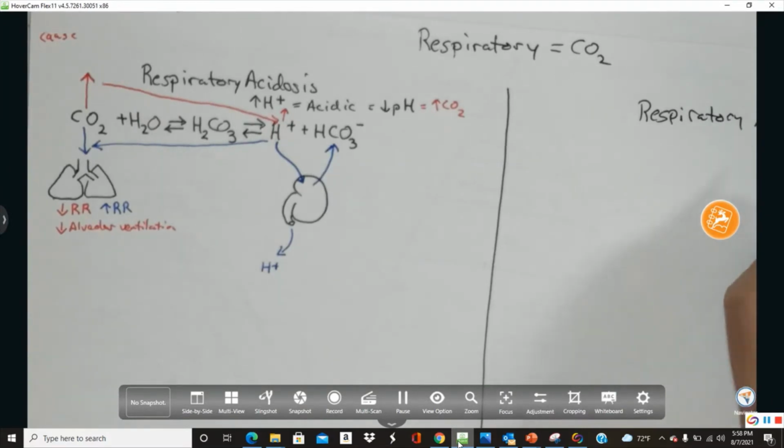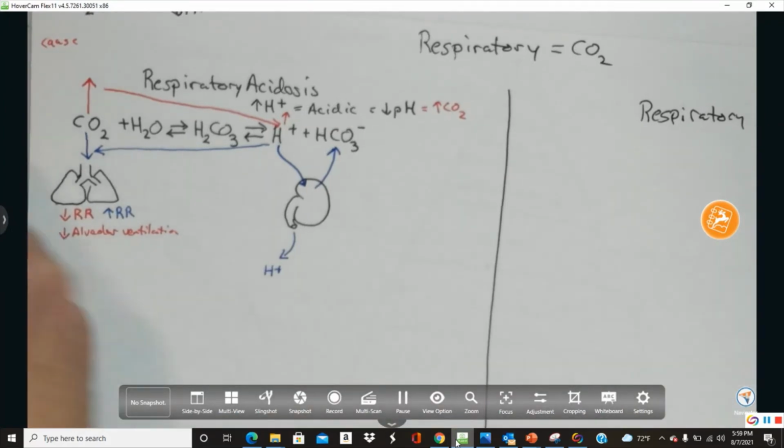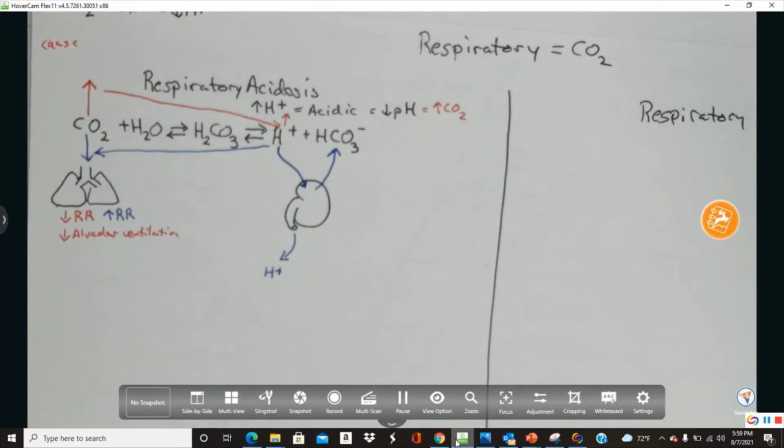Alkalosis, remember, we are saying something is basic. So that means a lowered hydrogen ion concentration, which means we have an increase in pH, and this definitely means I have to have low carbon dioxide levels. Now, why might this happen? We're going to talk about that.